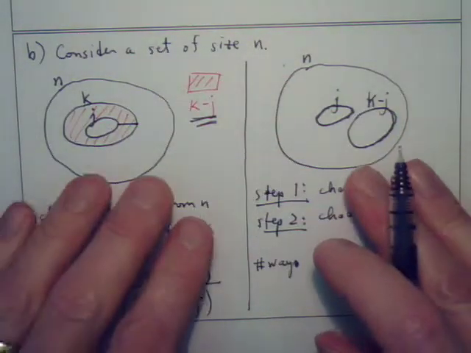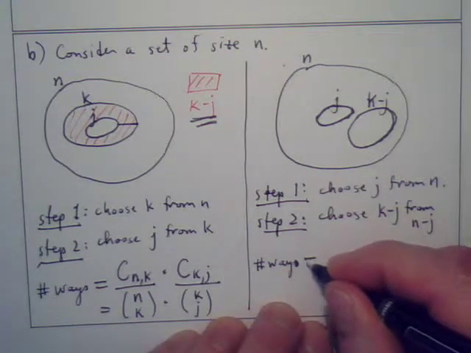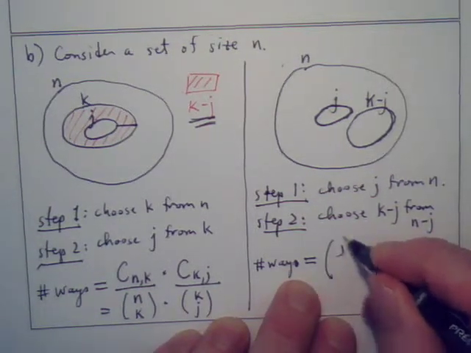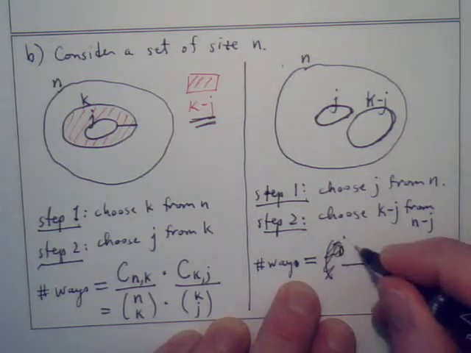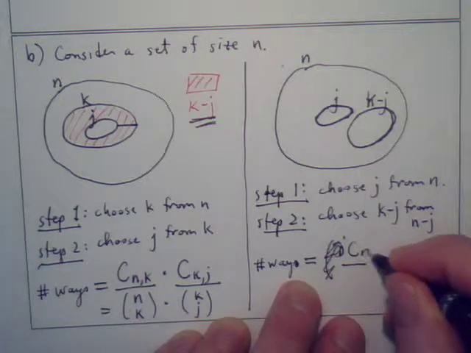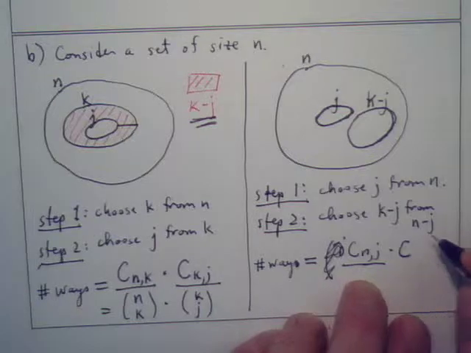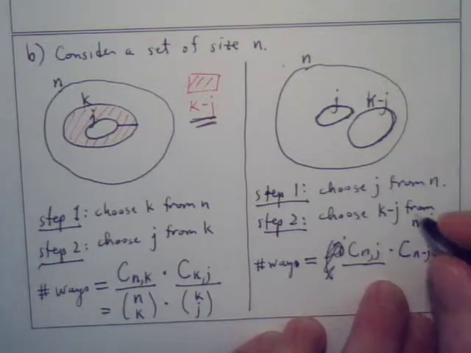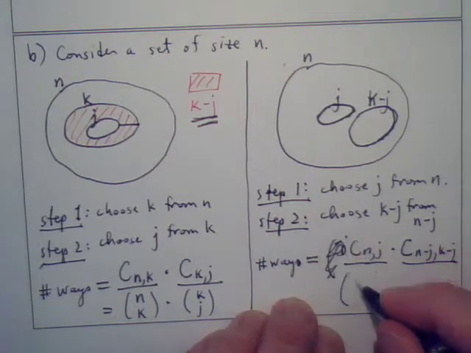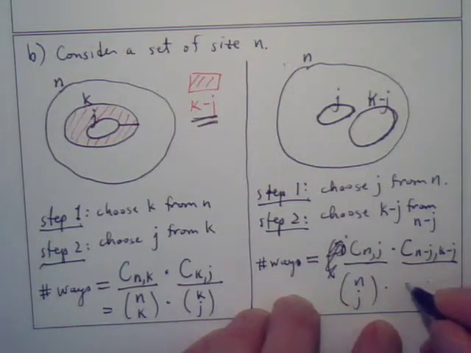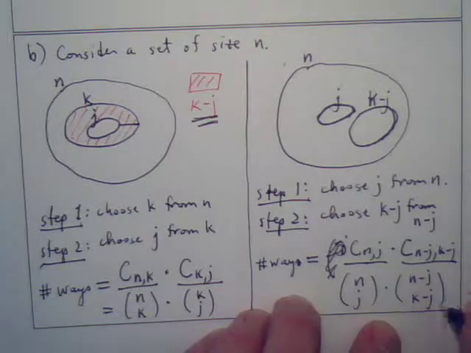Okay? So you can see those are two equivalent things, two different ways of taking two steps to get the same thing. I'm going to do step 1, choose j from n, times step 2, choose k minus j from n minus j elements. Or in this notation, n choose j times n minus j choose k minus j.